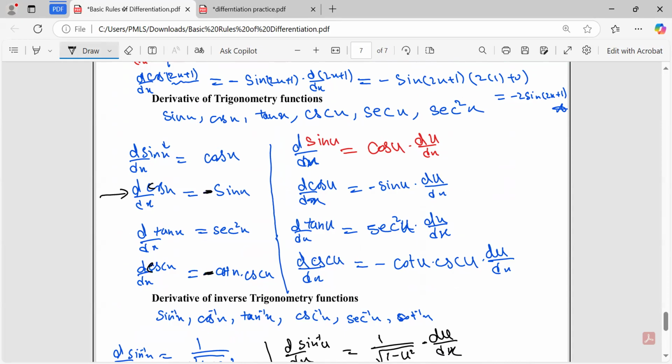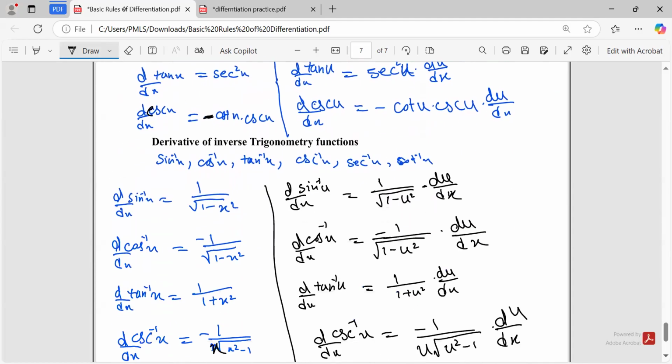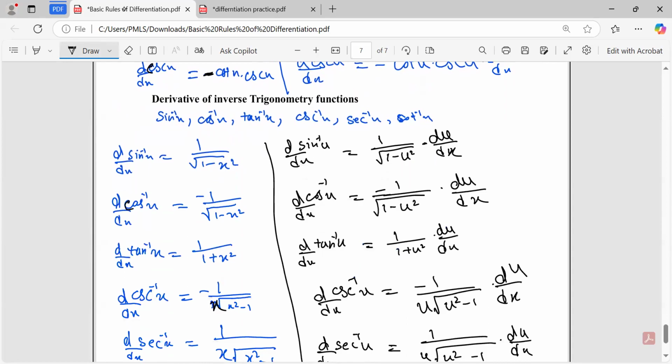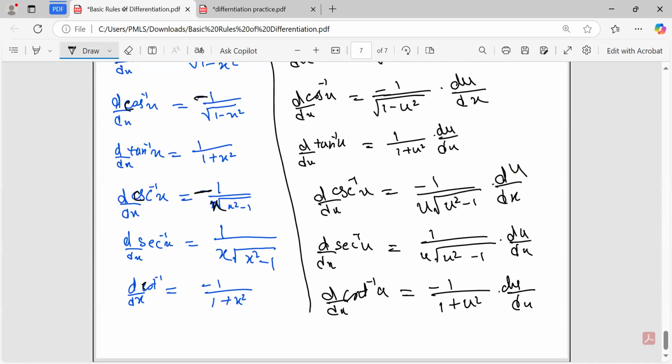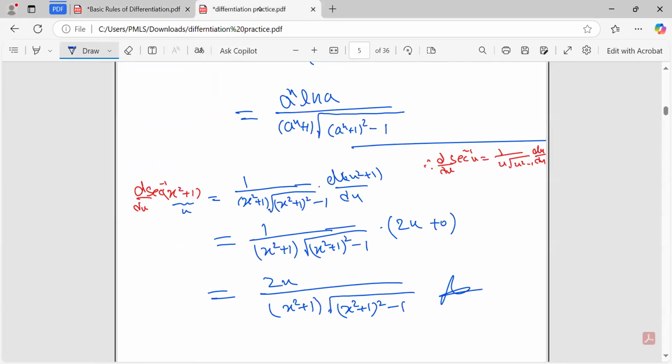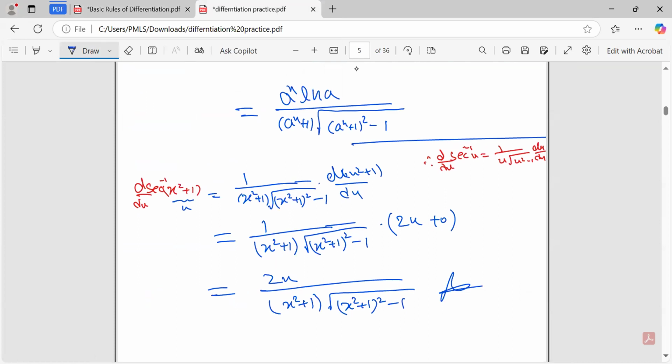If you take the derivative of cosecant, you will see that there will also be a negative. In the same way, everything that starts with c has a negative sign. So this is the way we find the derivatives of inverse trigonometric functions.